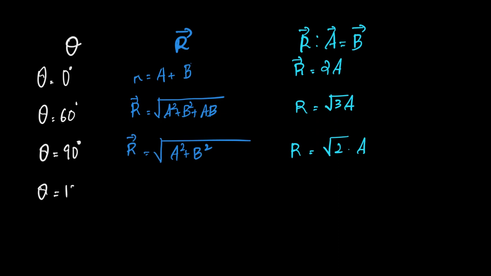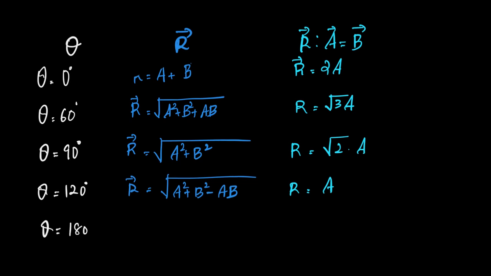Now when theta is equal to 120 degrees, what is r equal to? R will be equal to root of a square plus b square minus ab. When vector A is equal to vector B, r is equal to a. And when theta is equal to 180 degrees, r is equal to the difference of magnitudes.